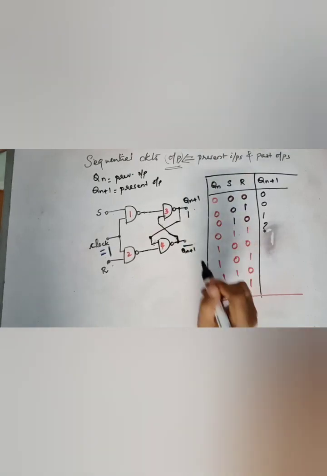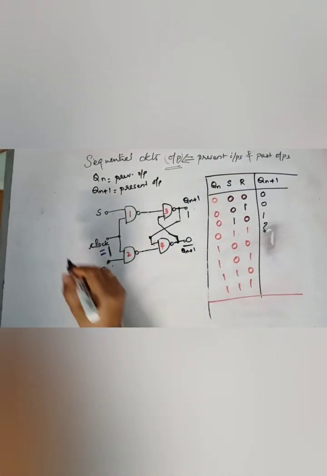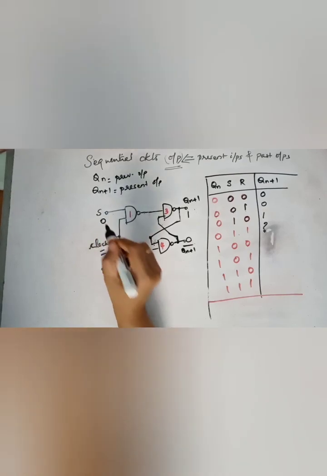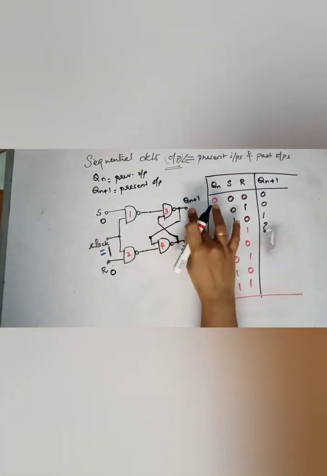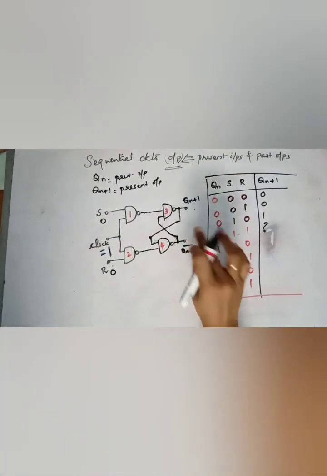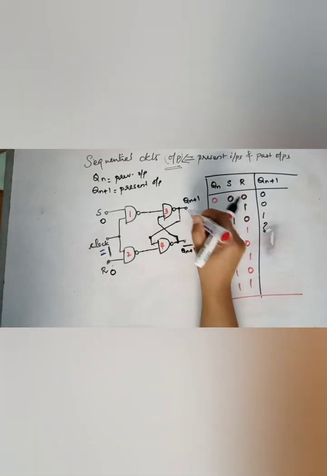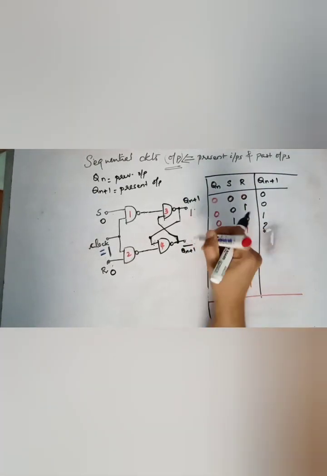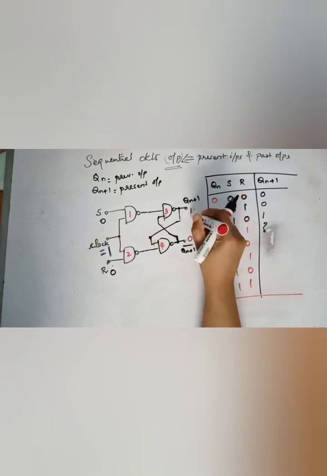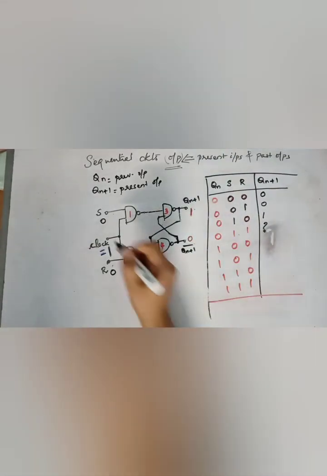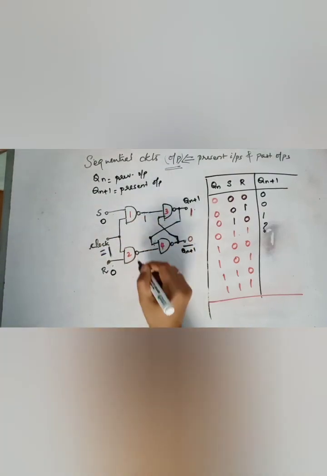Output is 1. This is 0. This is 0 and 0. So I am taking it as, this is the previous 1 0. Zero zero means this is 1 1.